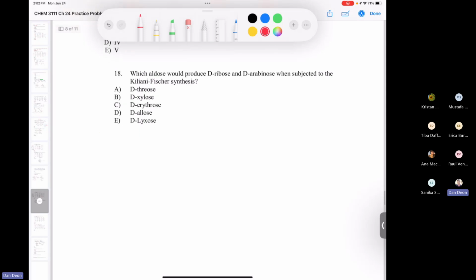Okay, next one. Which aldose would produce D-ribose and D-arabinose when subjected to a Kiliani-Fischer synthesis? So if we just draw one of these compounds, if we take D-ribose, for example, let me find the structure of D-ribose, and of course I'm looking at the handout.